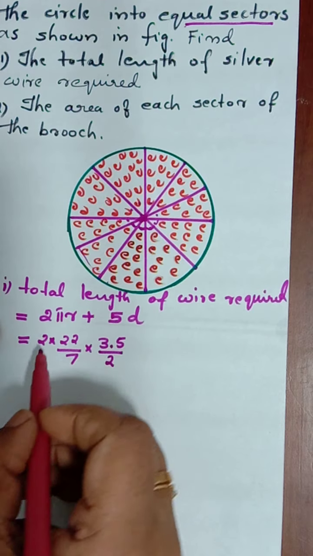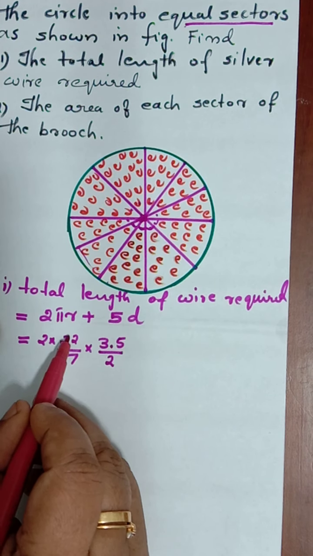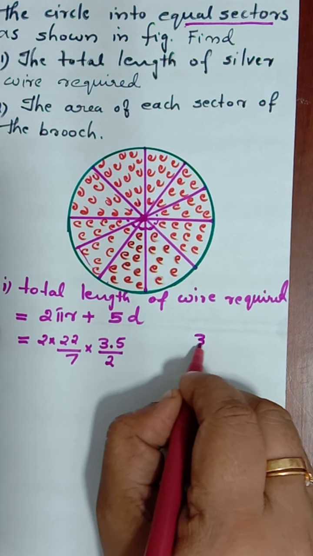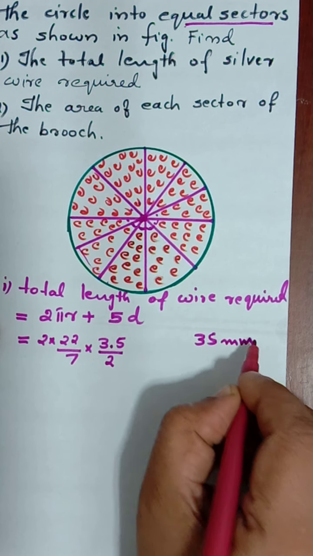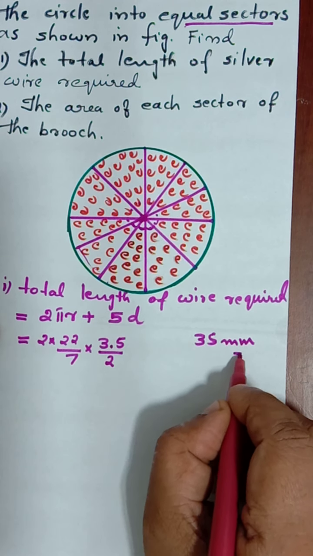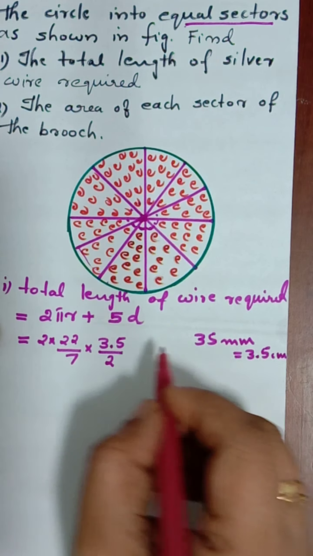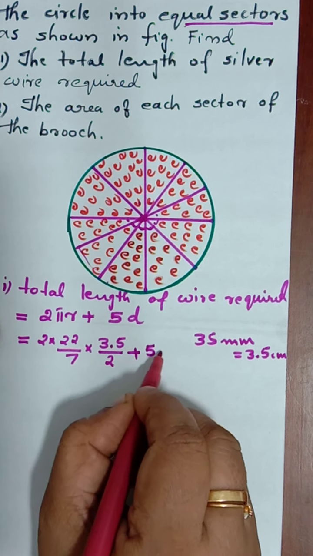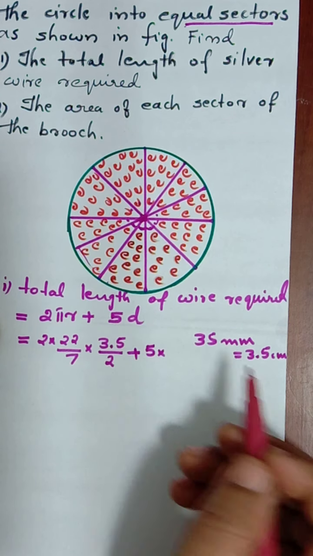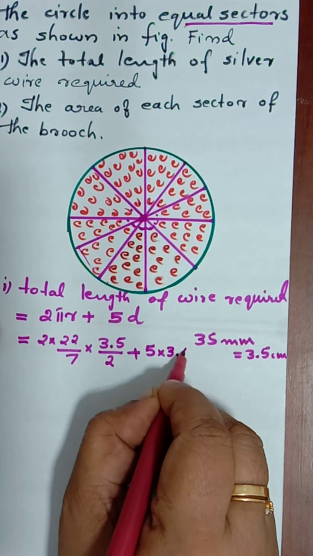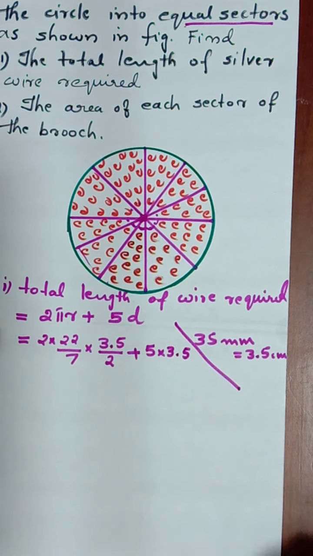So radius we are taking 2 into pi into radius. 35 millimeter divided by 10 means equal to 3.5 centimeter, plus 5 into our diameter is 35 millimeter, or we can call it 3.5 centimeter. So we have to calculate now.